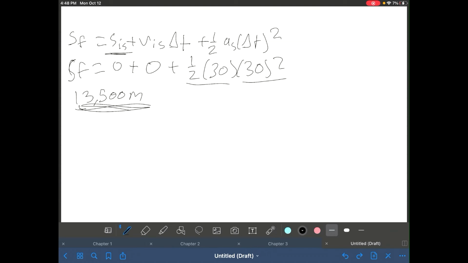So now we can figure out our maximum altitude by plugging this in for our initial position and 900 meters per second for our initial velocity, which is what we calculated last time.